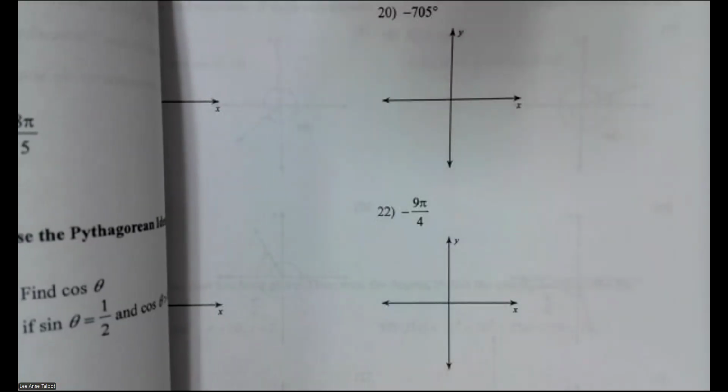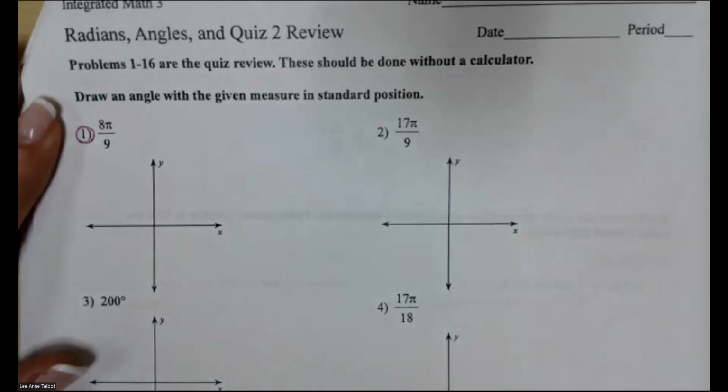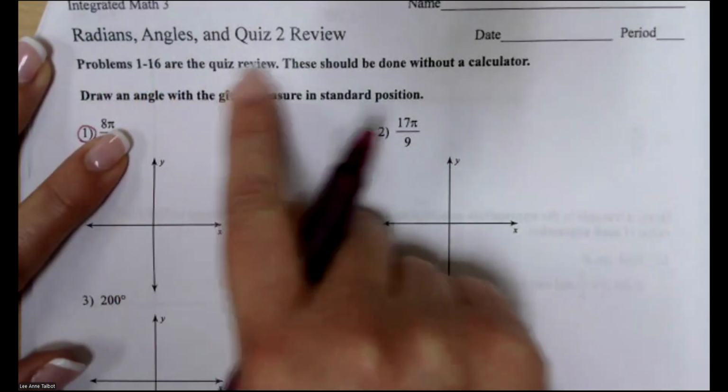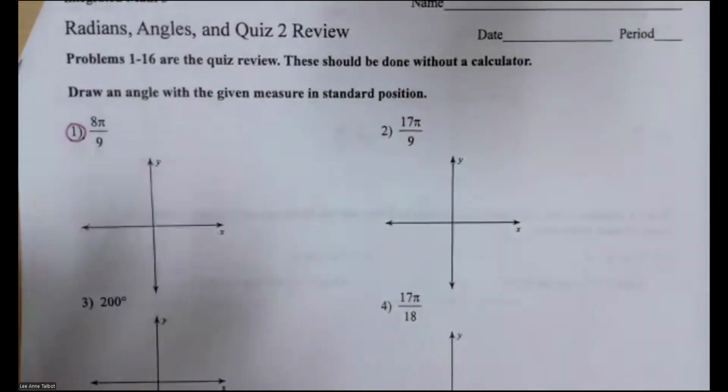I'm going to do 4 problems with you. 1, 7, 11, and 15. Note the directions. It says problems 1 through 16 are the quiz review. They should be done without a calculator. And then grab a calculator for the rest of that.